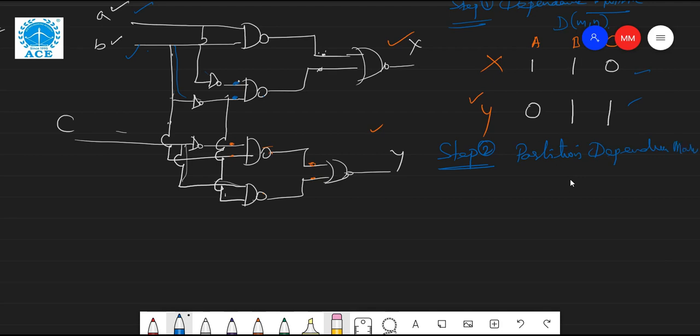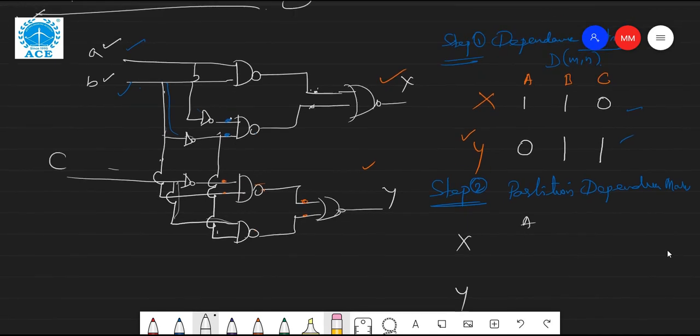Then see here how to take the partition. X and Y are the outputs, and A, B. Now in this case, I'm writing directly. No need to take B here. See here, how we need to take this partition.